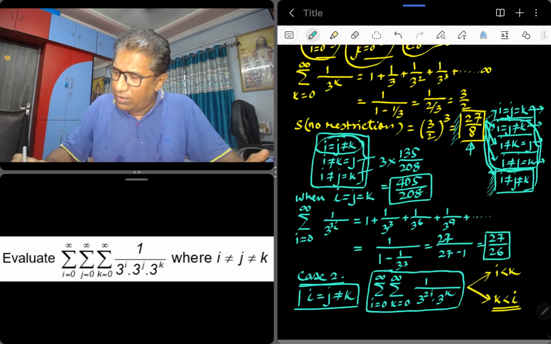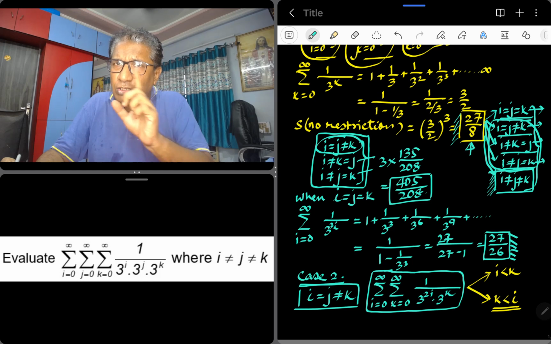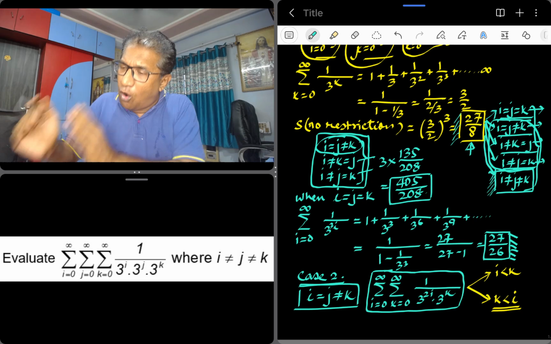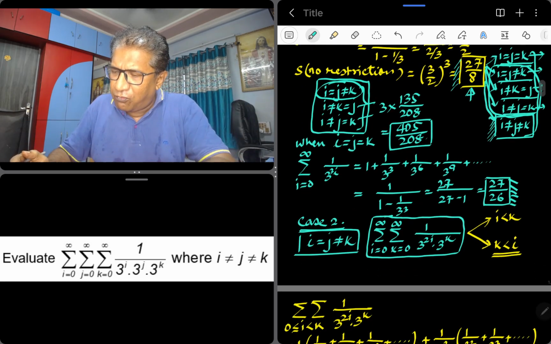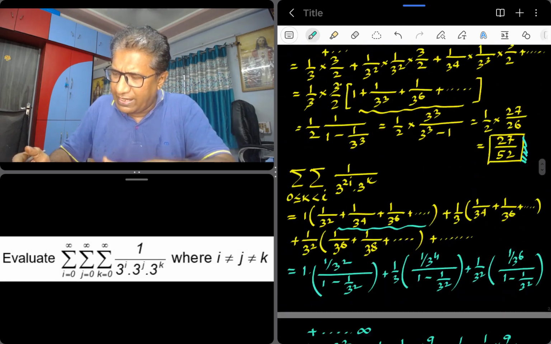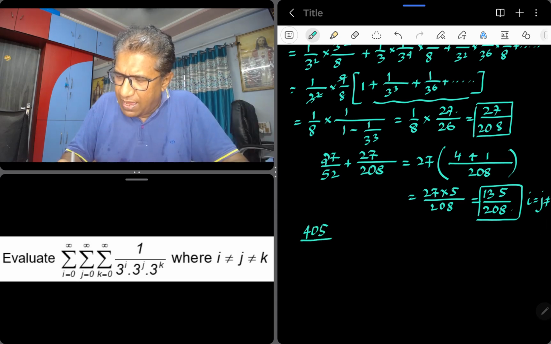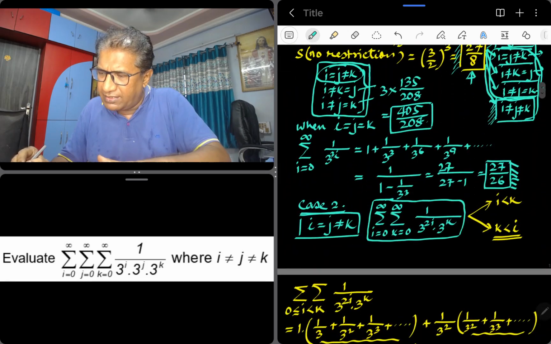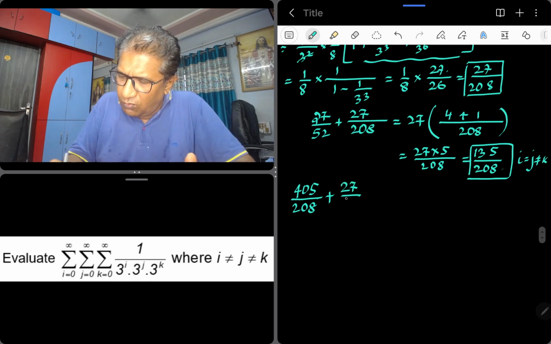And when 3 are equal, the sum is 27 over 26. Therefore, the sum of all those terms in which I is equal to j equal to k or these 3 conditions are fulfilled is nothing but, let me write it here, 405 by 208 plus, when they are equal, their sum is 27 over 26.